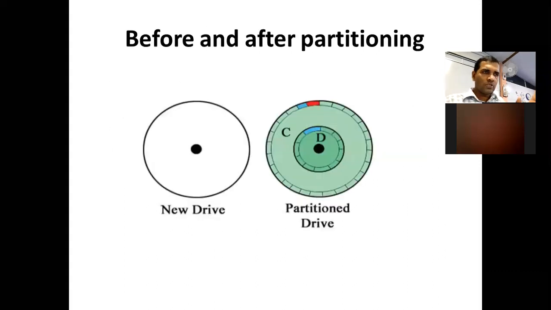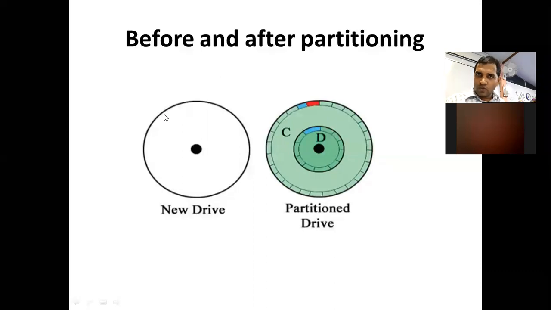Before that, I will show these 2 diagrams I have extracted from your book. Look here, right? I think most of you, or almost all of you, remember the parts of a hard disk, the internal hard disk. We already studied in unit number 2 which part of the hard disk stores the data.